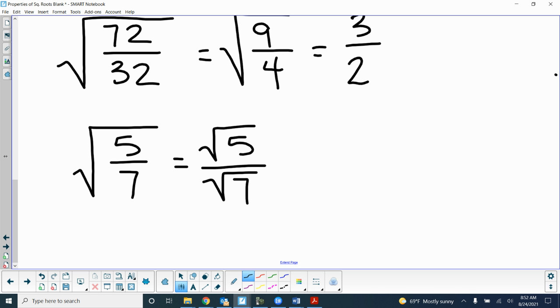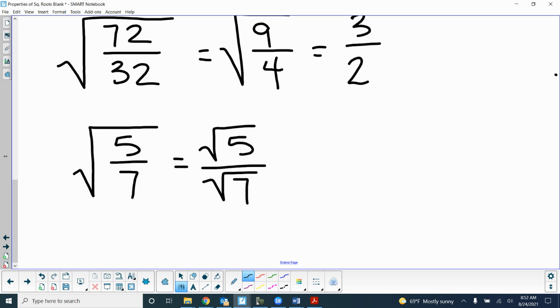Okay? The square root of 7 is called an irrational number. When I write that as a decimal, it goes on forever. What's the most famous irrational number? Pi. Yeah. It goes on and on and on. Never repeats, never stops, right? Well, that's what happens with square roots of numbers that aren't perfect squares. You get a number that just keeps on going.